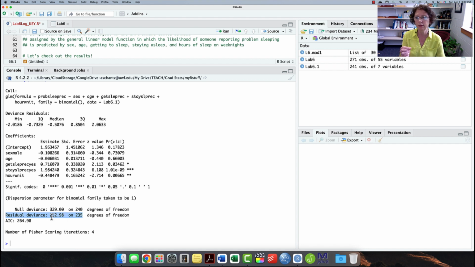But the residual deviance is 252.98, so less than the null deviance. So it's good that now our model with all of the predictors in it is less deviant from the real data, from the observed data. So our prediction model is less deviant with the predictors in it. And then you have this AIC indicator, which is also an indicator of the model fit, but we're not going into that this term.